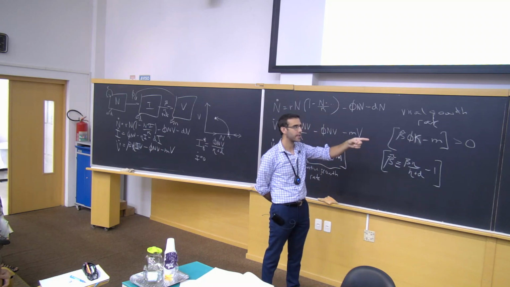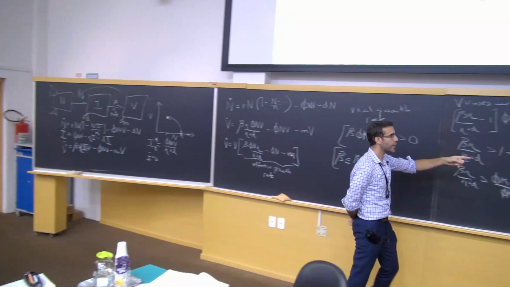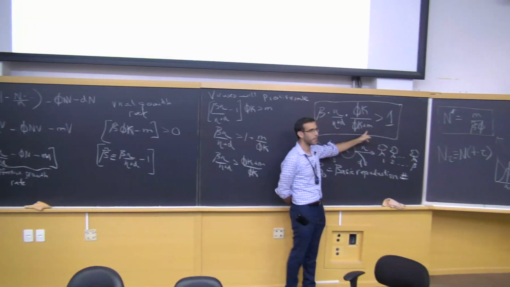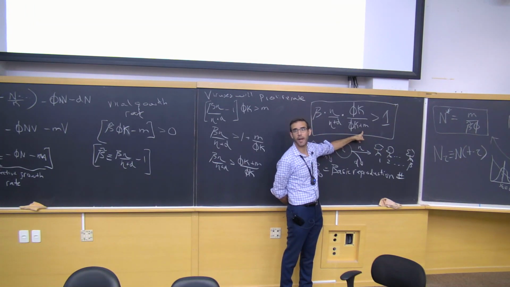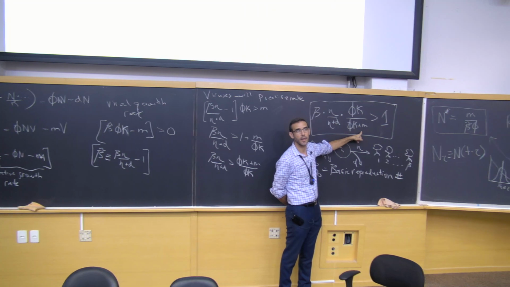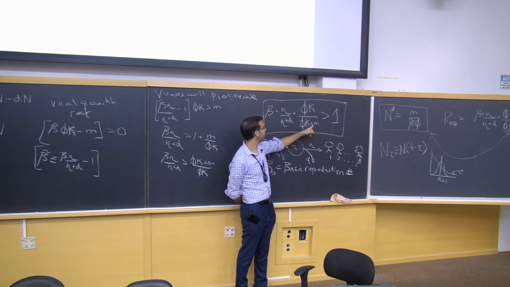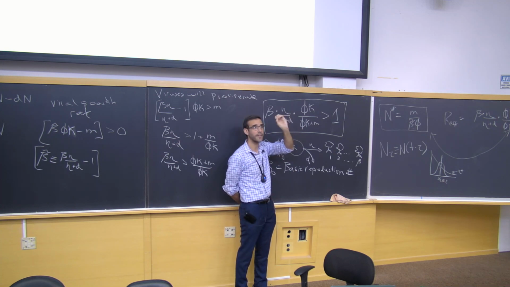If I take this individual perspective, you can already see that with some probability m over phi k plus m, that first virus particle doesn't even infect, right? And then even if it infects, with a probability d over d plus eta, it doesn't produce. So those still have 0.